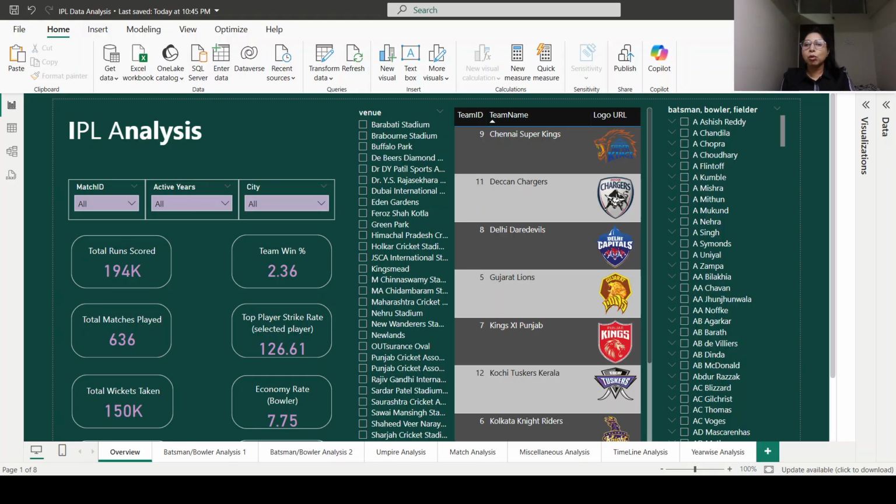For the data cleaning and manipulation, there were missing values for city, and even for some teams some data was not there.